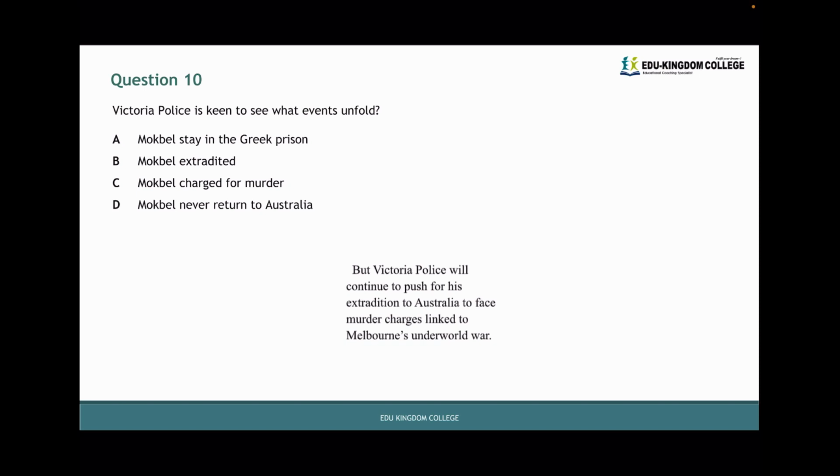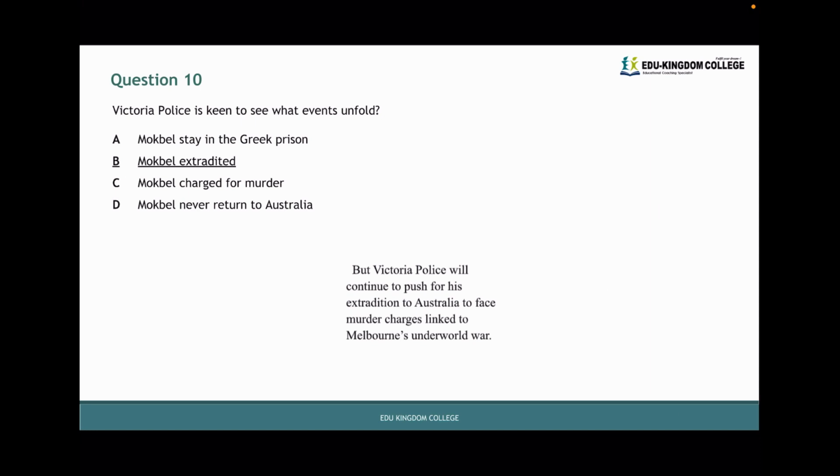So because Mokbel is basically all over the place, Greece, Australia, and whatnot, they want to see him extradited. So, like I mentioned before, that's when two countries or two areas join together to catch a criminal. So that's quite literally what the Victoria Police wants to do. They want to see him just kind of served with justice. So that's why the answer is B.